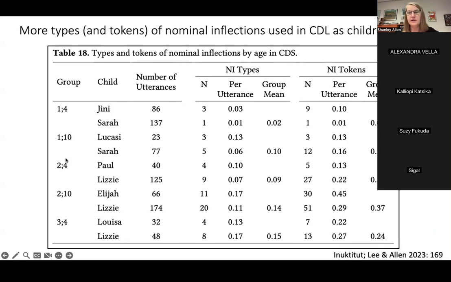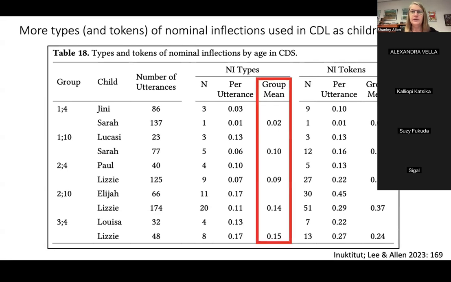And again, this table is structured in the same way as the previous one. And again, you see that these numbers here for types come nowhere near 400. So children, at least in our samples, aren't being exposed to anywhere near the full system. But they are being exposed to a bunch of different inflections. And you see again here that the group mean for noun inflection types increases from 0.02 per utterance at 1 year, 4 months to 0.15 per utterance at 3 years, 4 months.